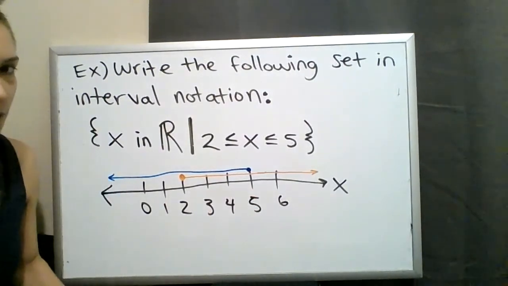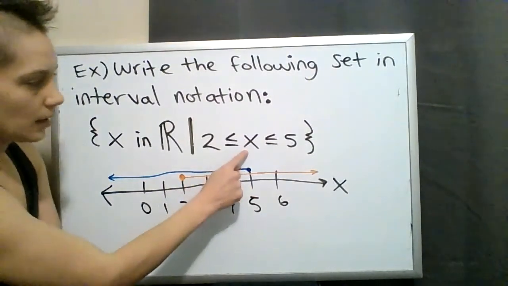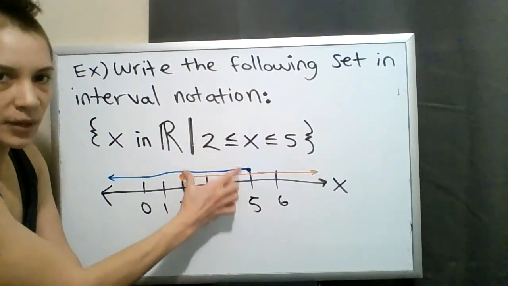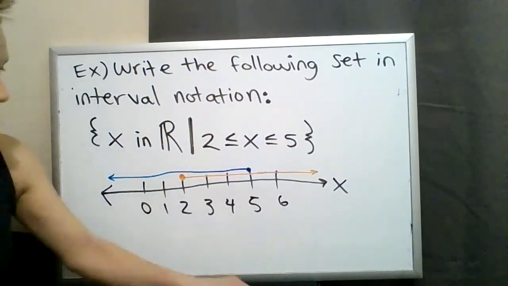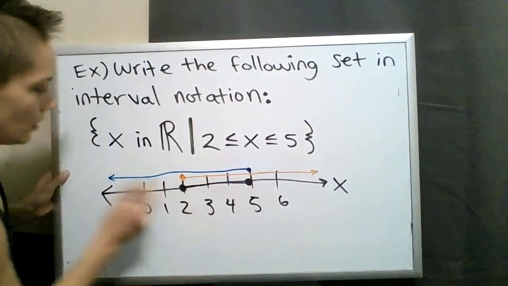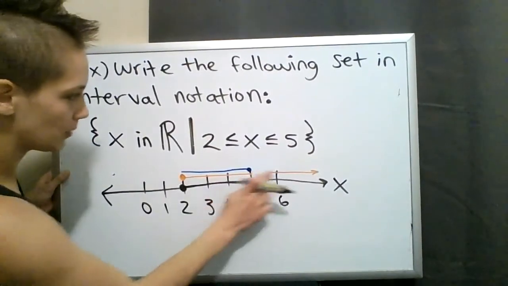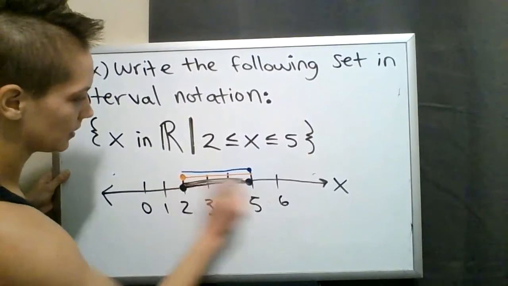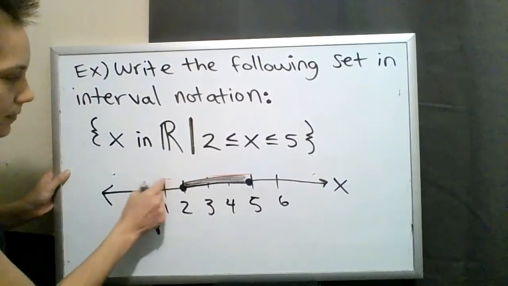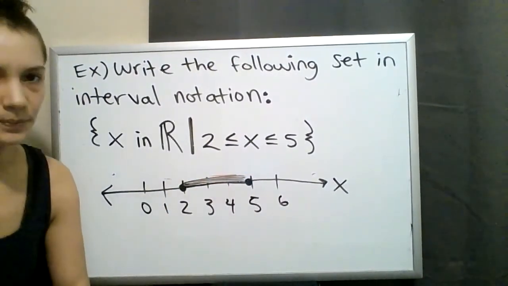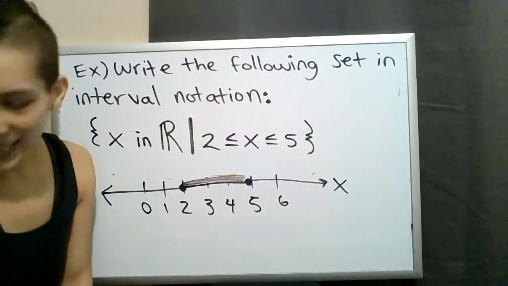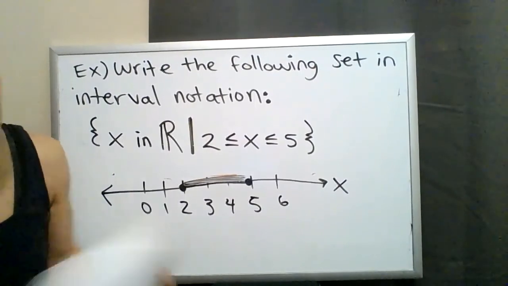Your solutions for x are the values that make the whole statement true. So it needs to be right here where they overlap and both parts are true at the same time. So we would erase this part and that part and just have this shaded in. Okay, I think that's good.